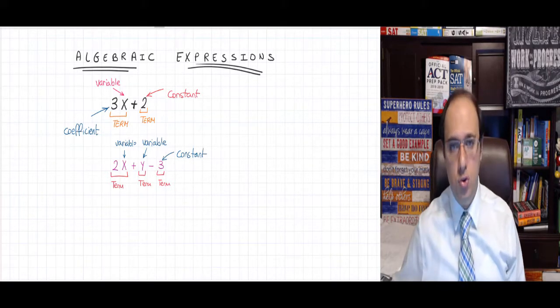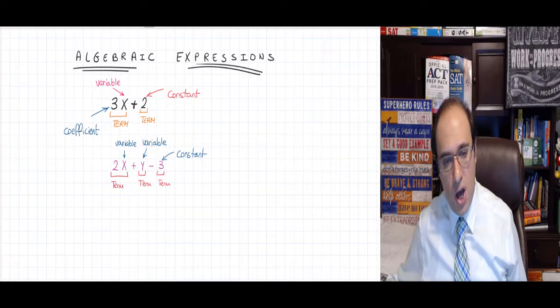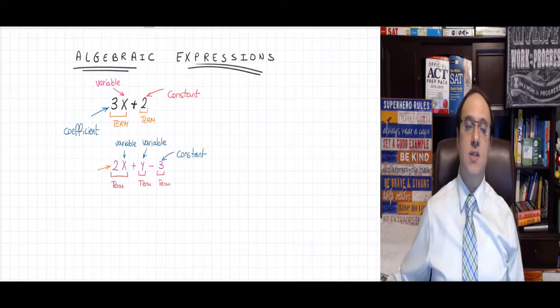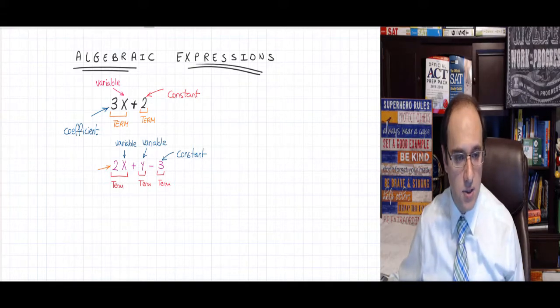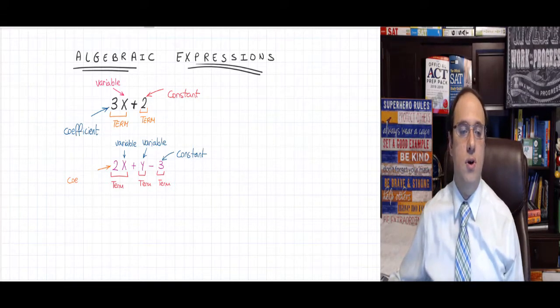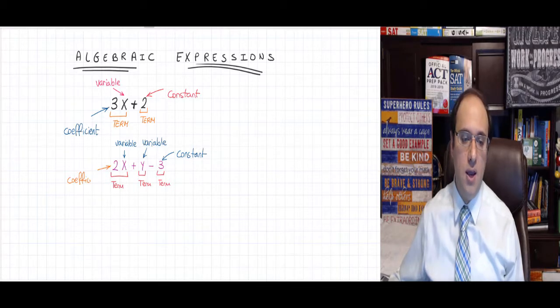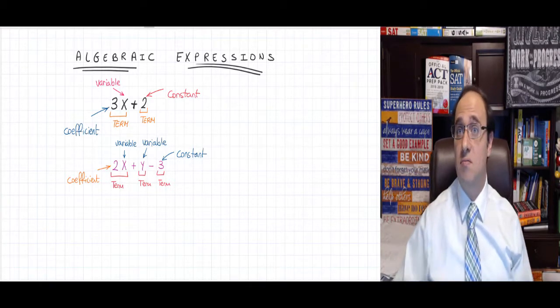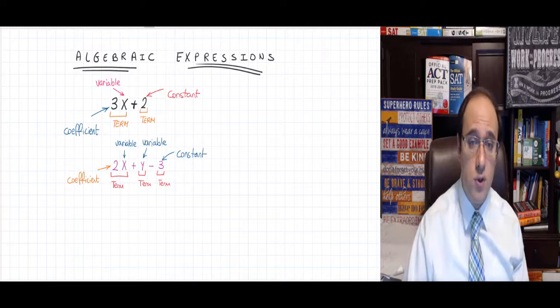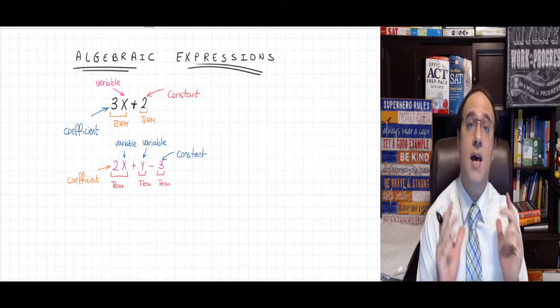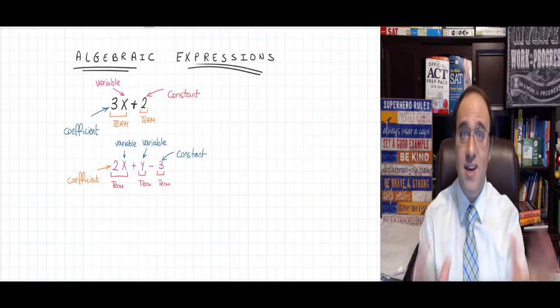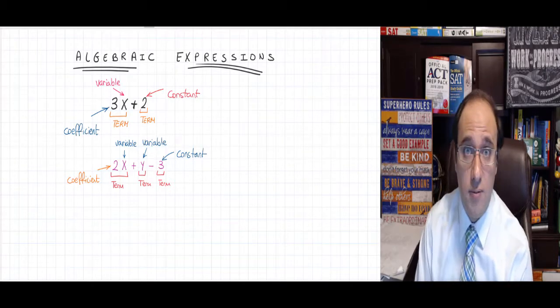The number 2 right here is not a constant because it is not by itself. It is multiplied by a variable. In this case, it is called a coefficient. Okay? Super easy. Just wanted to make sure that you know the difference between a constant, a variable, a coefficient, and a term. Okay? Easy? Easy. Let's move on.